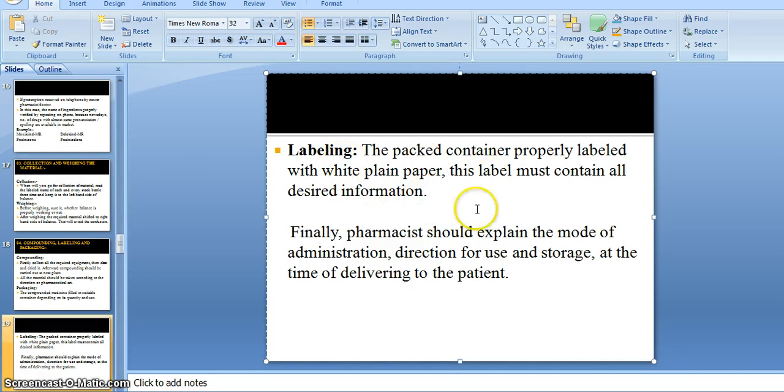After completion of labeling, there is a chance of fingerprints appearing on that particular container during the process.